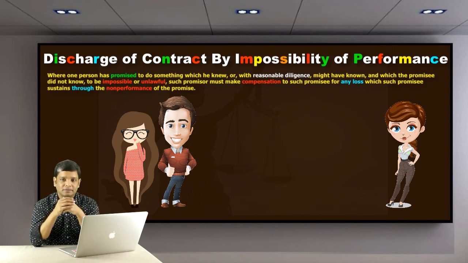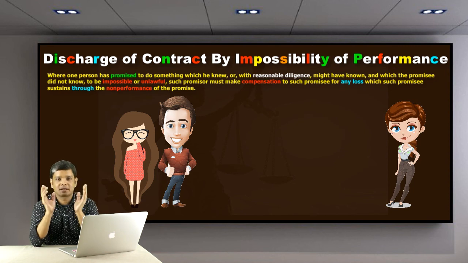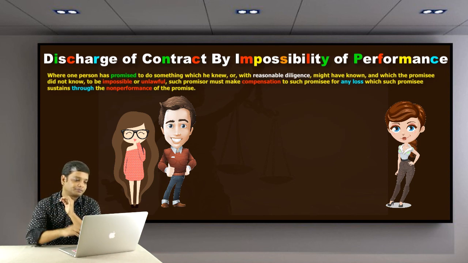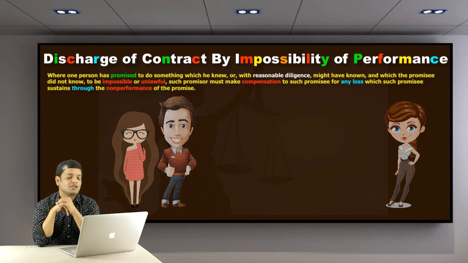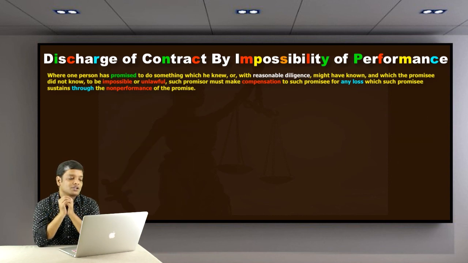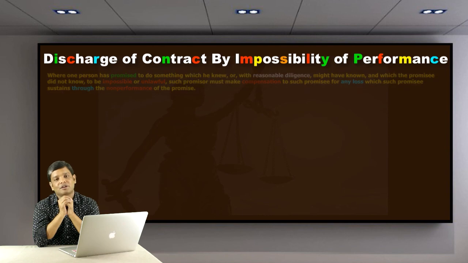In this condition, whatever loss C suffers will be given by A, because polygamy is not allowed, so he cannot legally marry C. In this case the damages have to be given by the cheater, the party who has the bad intention. So this is all about the discharge of contract by impossibility of performance.